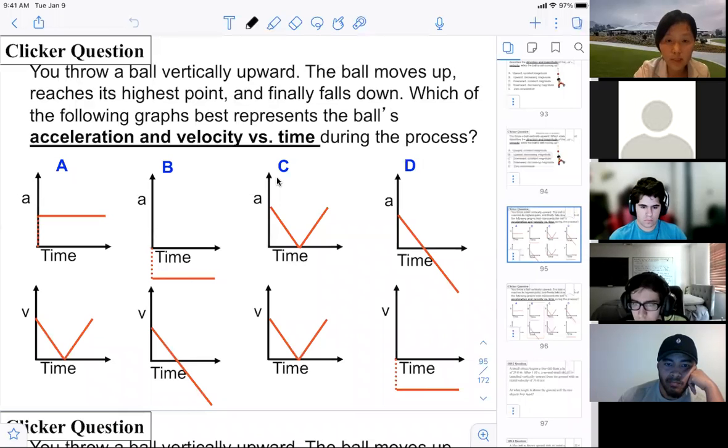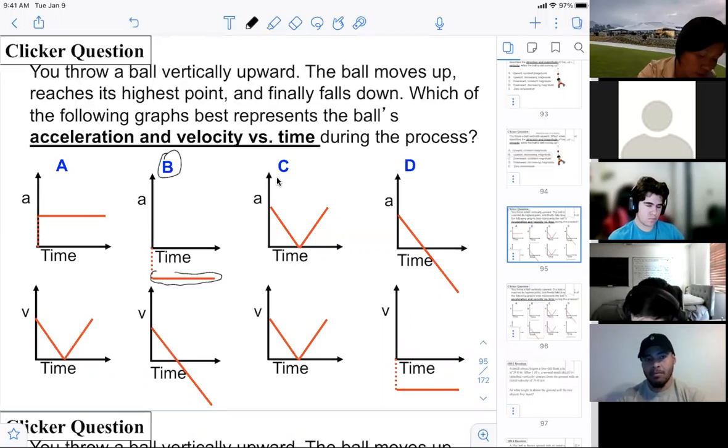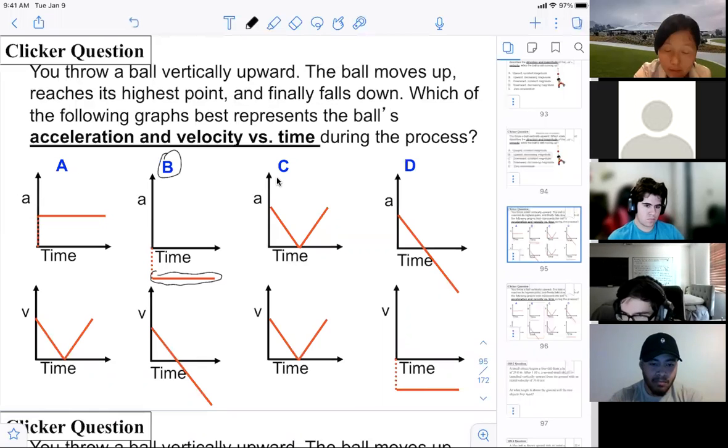All right, I'm seeing a lot of choices for the second one. This one, right? Okay, so let me take a look at this one. This one shows my acceleration is negative. That I probably have chosen, which means I have chosen upward to be the positive direction.